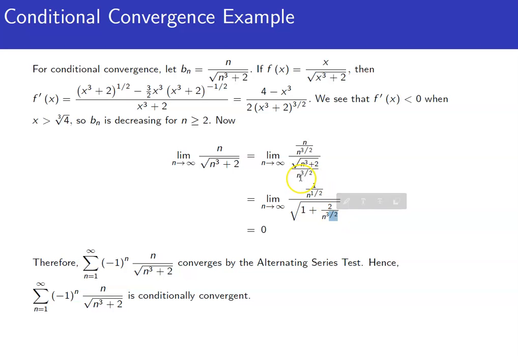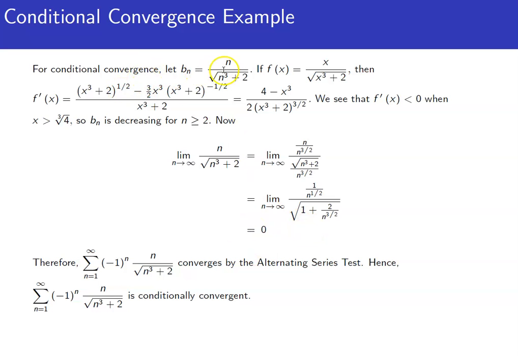When you pull the n cubed into the radical, there shouldn't still be a half there. So this should be 1 plus 2 over n cubed. Sorry about that typo as well. The important part is this goes to 0, this also goes to 0, so this whole thing goes to 0 over 1, which is 0.